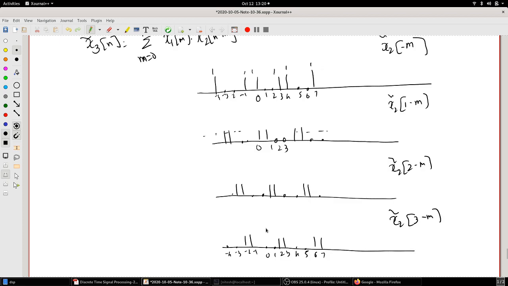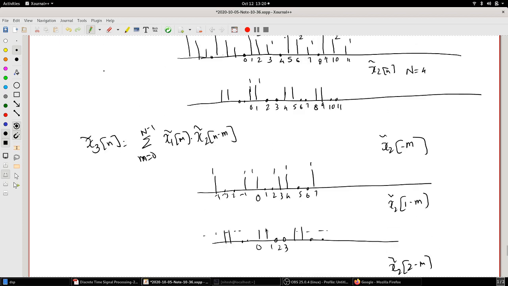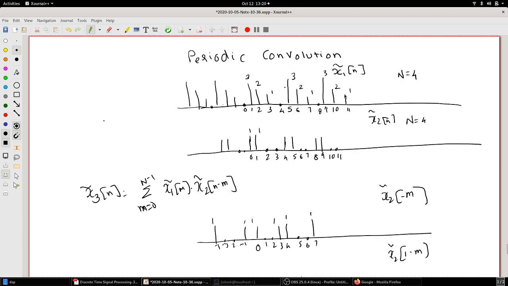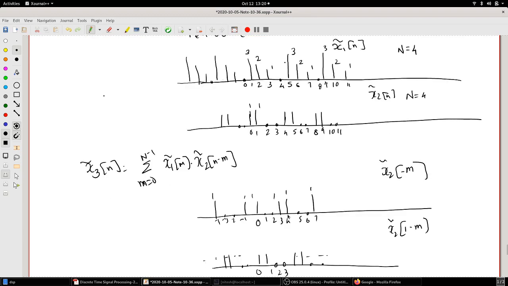Now you have all this, so you can multiply x1 tilde of m with x2 tilde of minus m to get x3 tilde of 0.